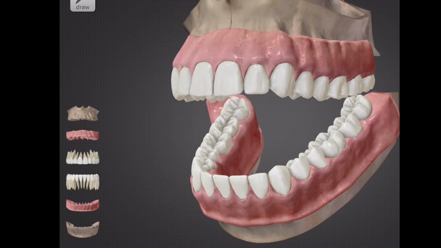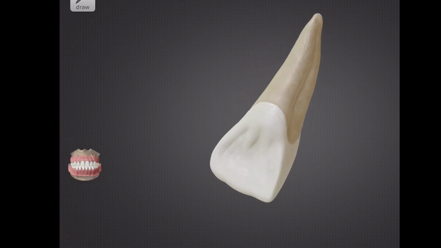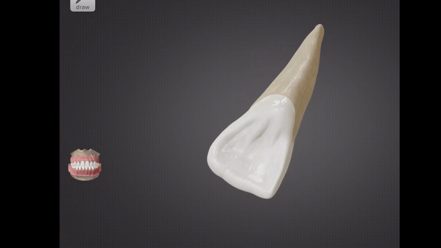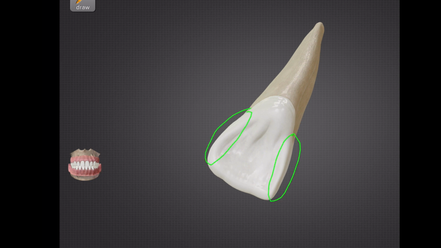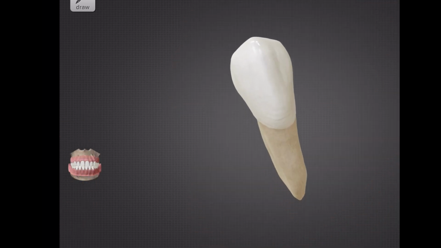Moving forward to your anteriors, you have your mesial marginal ridge and distal marginal ridge. For the ridge found in the labial surface, we call it the labial ridge.